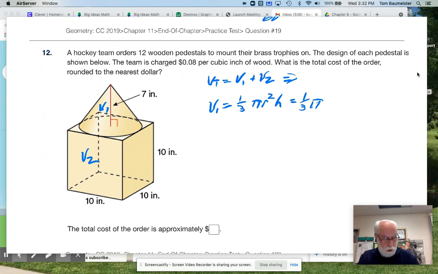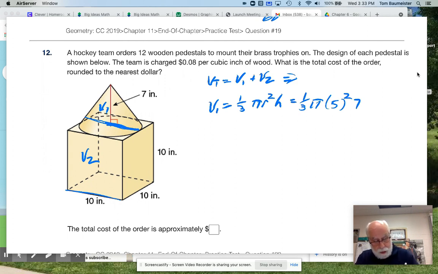If I look at this, it's 10 here, but a radius would only be half of that, so it's going to be 5 squared times the height, which is 7.